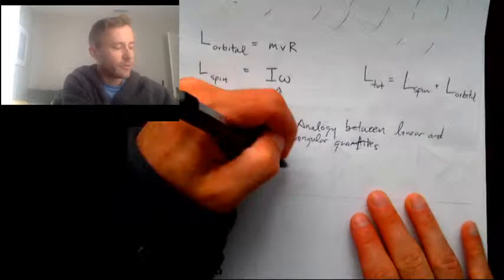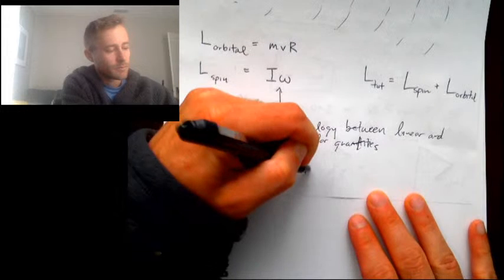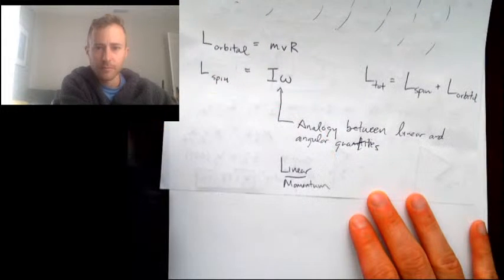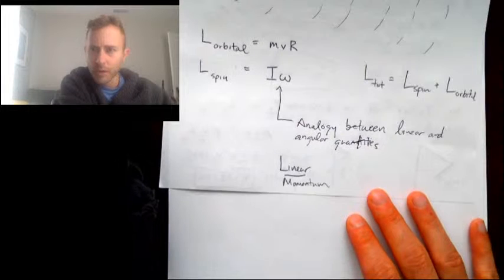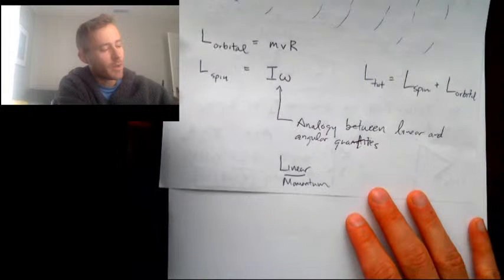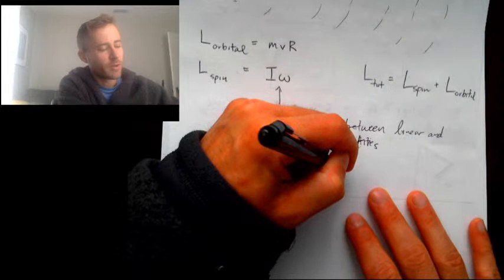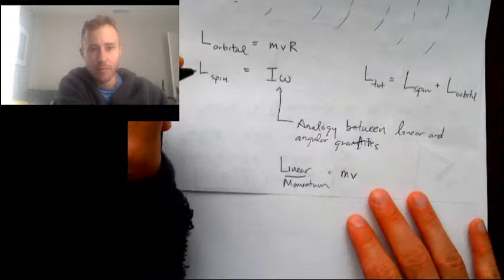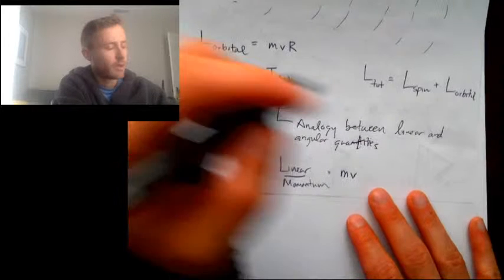So if we think about linear momentum, okay, linear momentum is given by the formula m times v. All right, MVP, most valuable physicist.